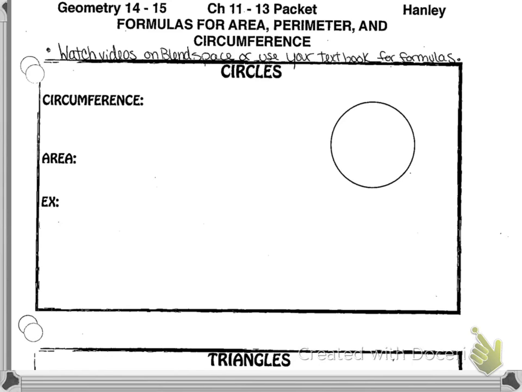So the first shape that we're going to discuss is a circle, and you guys have seen the formulas for these before, but we just want to refresh your memory on how to use them. Circumference is the same idea as a perimeter. It's the perimeter of your circle, or the distance all the way around.